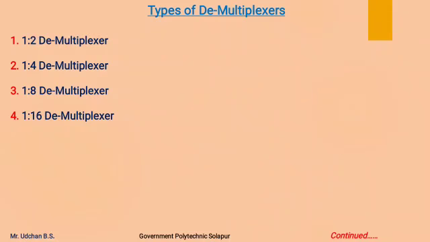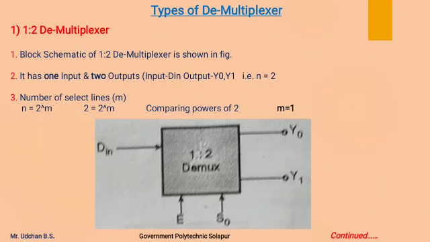Now we will see one by one the design of these demultiplexers. First is the 1:2 demultiplexer. The block schematic is shown in the figure. This is the block schematic of the 1:2 demultiplexer.